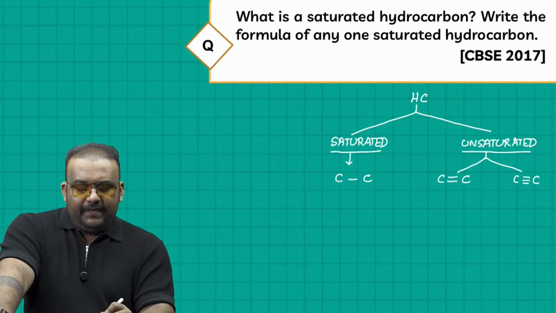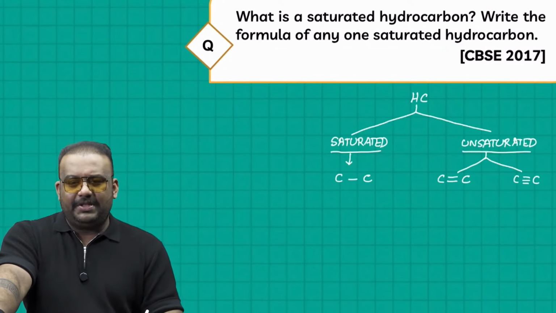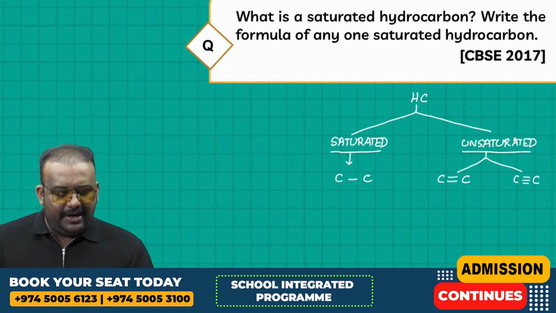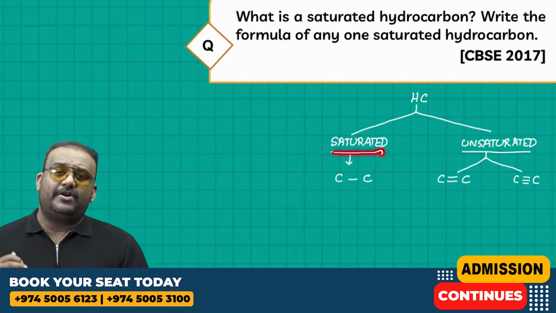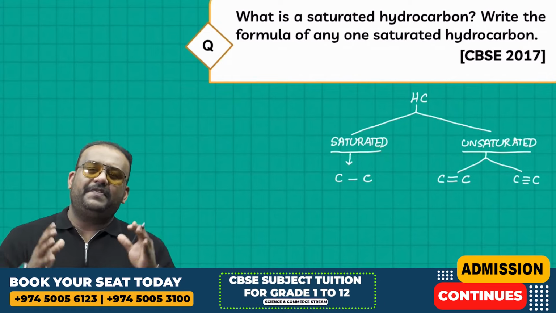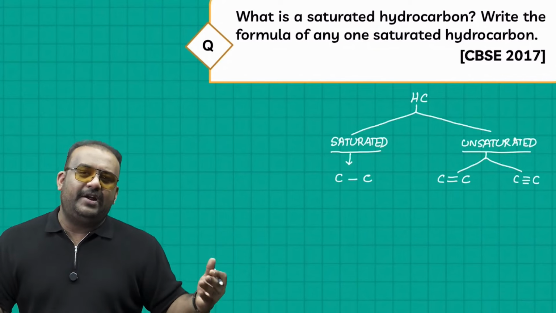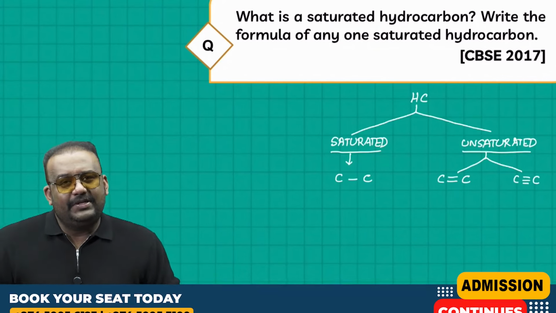Correct? So even though the terminology saturated and unsaturated is based on something else, I hope you know that clearly. Saturated hydrocarbons are called saturated because they are already saturated with hydrogen atoms and there is no more provision to add more hydrogen atoms. That is why it is called saturated.